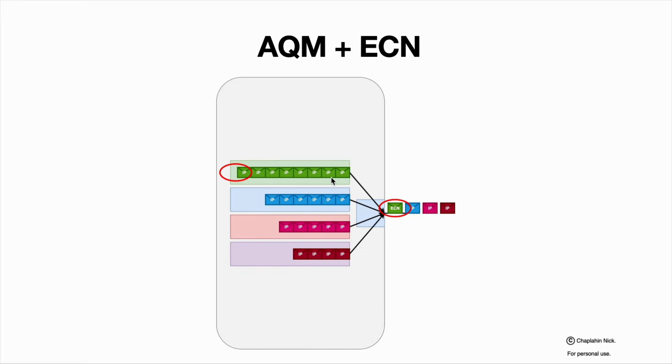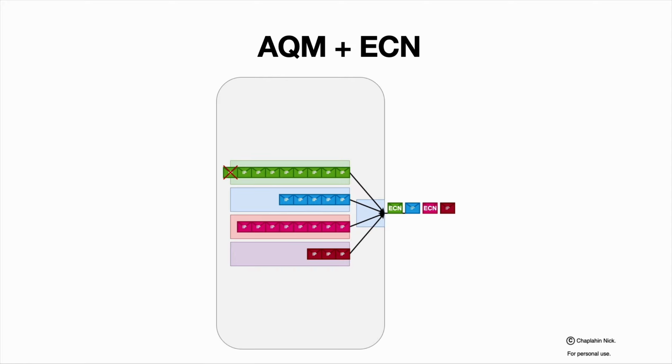The main idea is to start this ECN communication before packets are dropped, when we are close to this congestion condition at all, so our end devices can communicate to each other and prevent this situation.